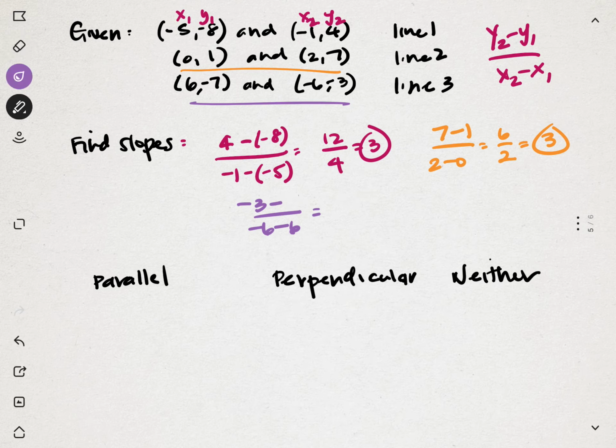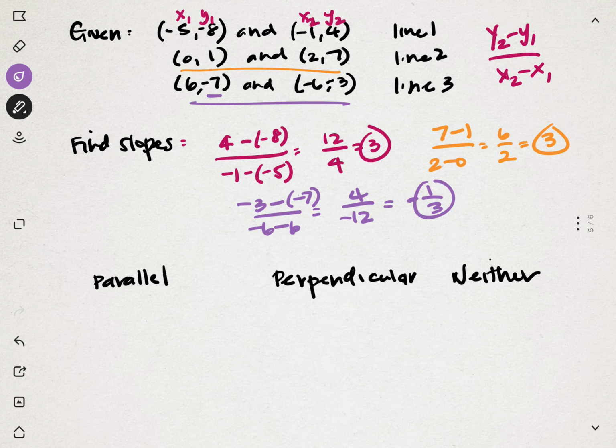I forgot a sign. Be careful. Minus, the 7 is negative. All right, so that's going to be actually negative 3 plus 7 would be 4 over negative 12, which is negative 1/3.